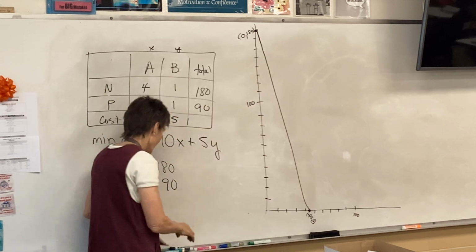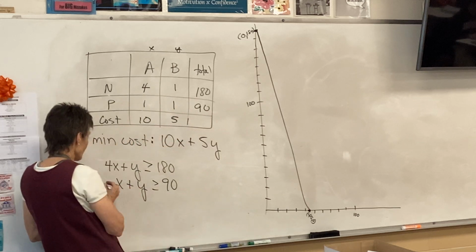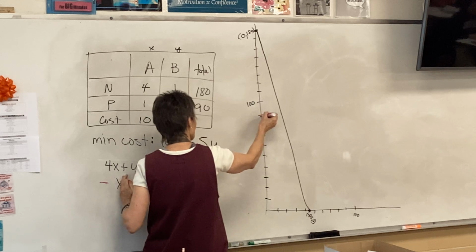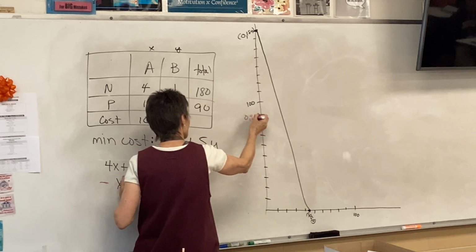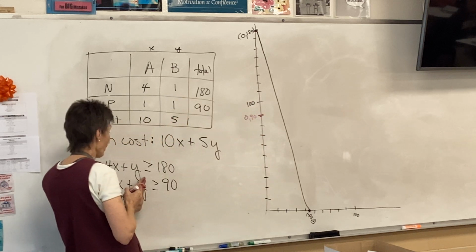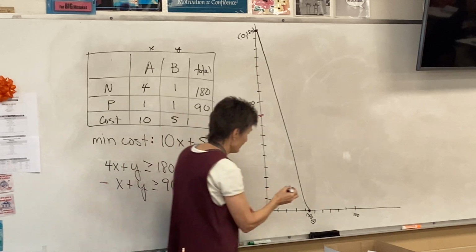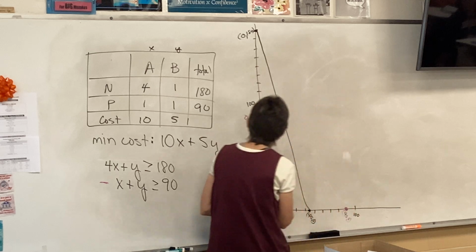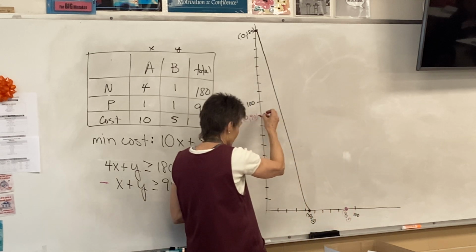Right? And I'll use a different color on this one here. So if I cover up X, Y is 90. If I cover up Y, X is 90. And I'll connect those dots.